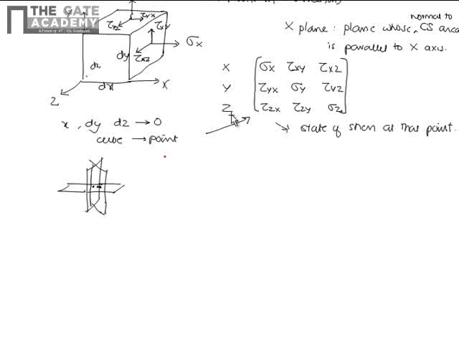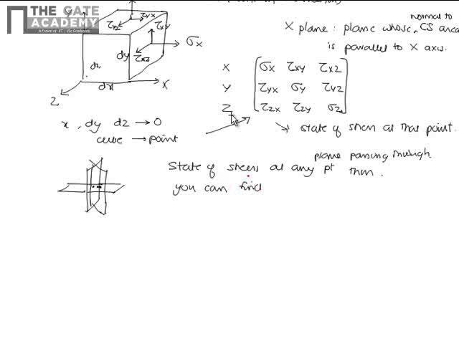And as you can see in strength of materials books, if you know the state of stress at any plane passing through a point, then you can find out the state of stress in any other plane passing through the same point.